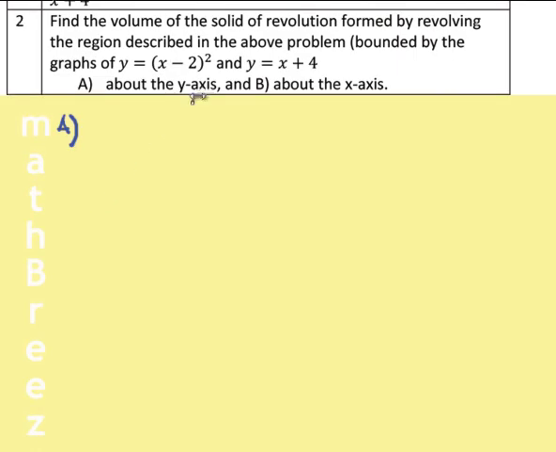In 2a, we want to find the volume of the solid of revolution formed by revolving the region described in the previous problem, first about the y-axis and then about the x-axis. Okay, so about the y-axis, let's just draw the graph again. Here we have the line x plus 4.